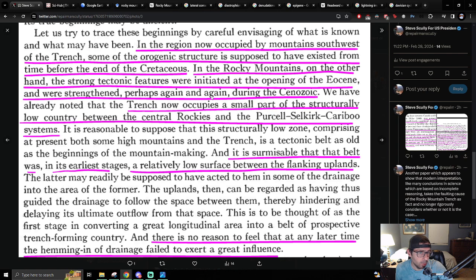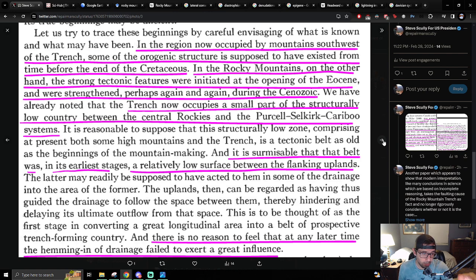Trench now occupies a small part of the structurally low country between the Central Rockies and these other mountain systems. And it is surmisable that that belt was, in its earliest stages, a relatively low surface between the flanking uplands. So this is his theory. I'm not going to go into it too much, but I think there's probably some merit to it in terms of how the flood shaped the region, although there's definitely colliding terrains and all sorts of stuff, so maybe it's a little too simplistic again.